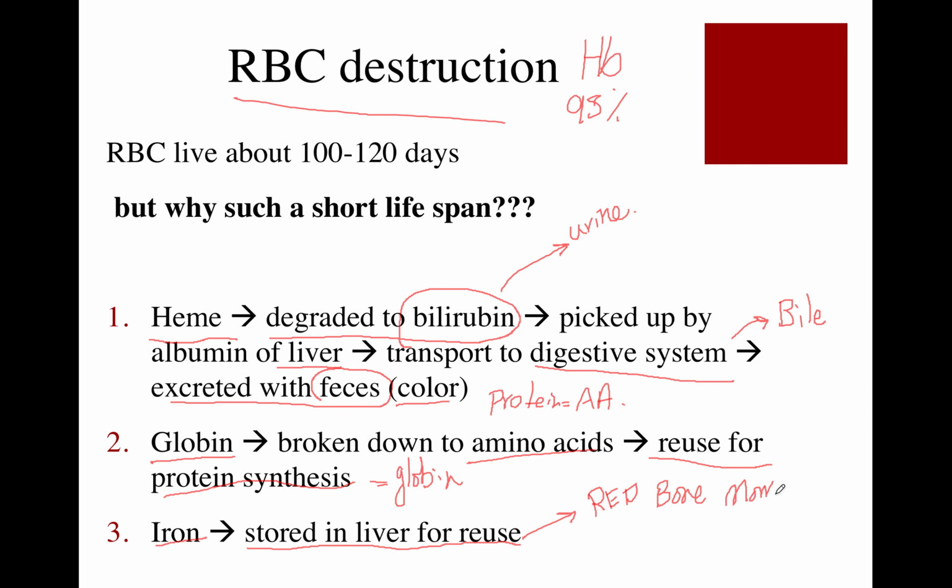And if you guys remember, red bone marrow is the production of red blood cells. So basically, I am also recycling the iron, very similar to what I've done for globin.